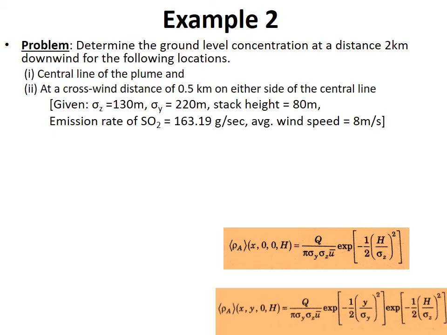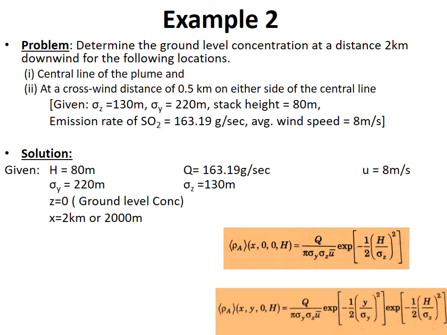So let's see what all are given. It is given that the stack height is equal to 80 meters. So we have H equal to 80 meters. The emission rate of SO2 is given as 163.19 gram per second. Therefore, Q is equal to 163.19 gram per second.